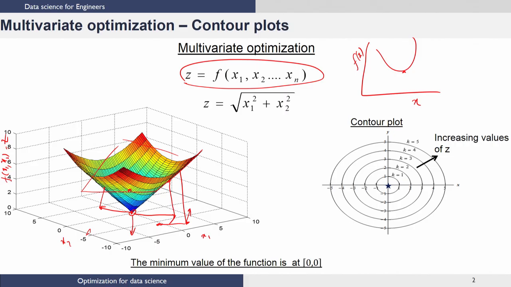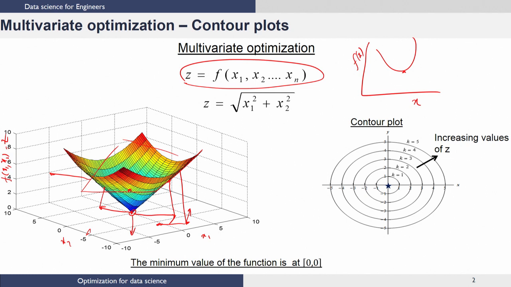Now, if you have a plane that is parallel to the x1 x2 surface, then we are going to have the objective function value be a constant across the plane, because when you project it here it is going to be at a particular f of x1, x2 value or z value. So, what one could say then is that if I cut this surface with a plane parallel to the x1 x2 surface, then I am going to get what are called contours on the x1 x2 surface.